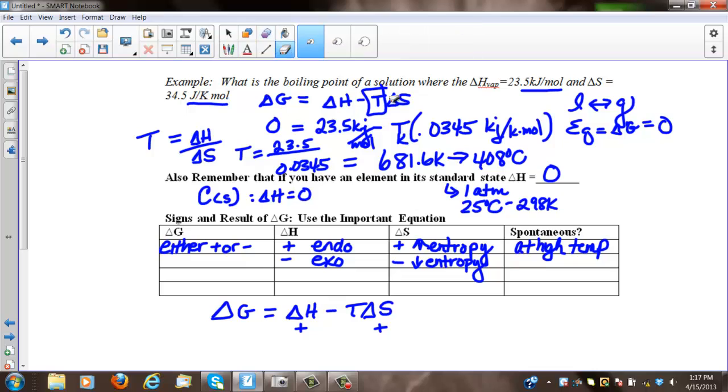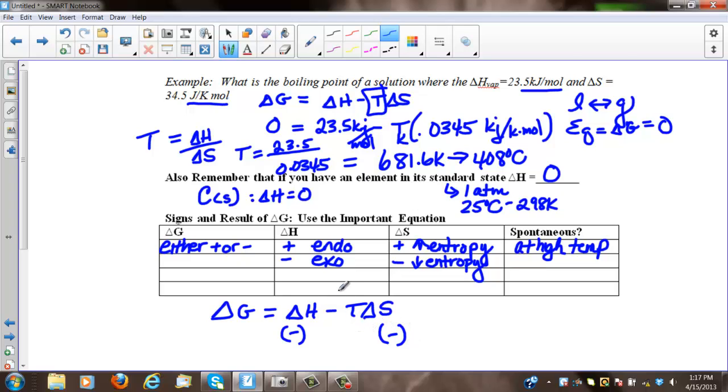If you look at this, if my delta H is negative and my delta S is negative, right? Then I have a negative minus a negative, which is really like adding.